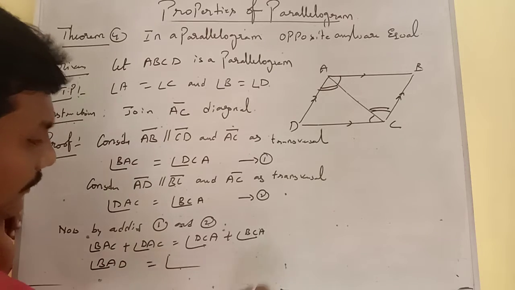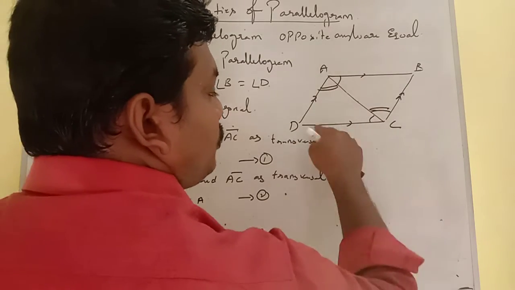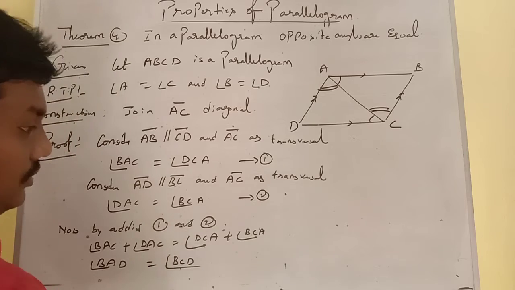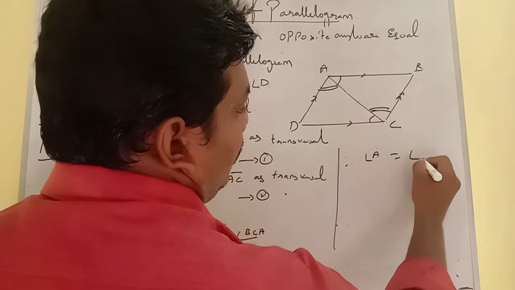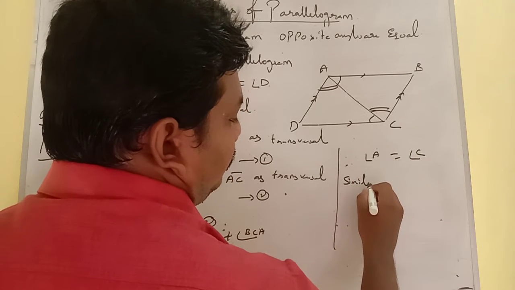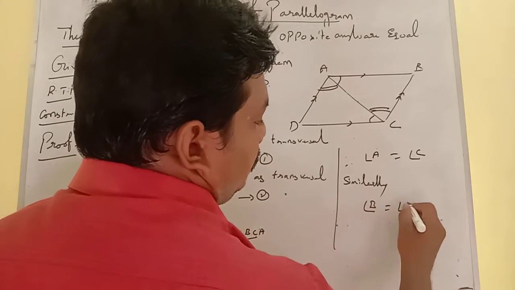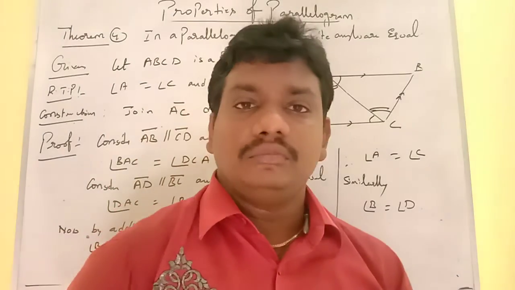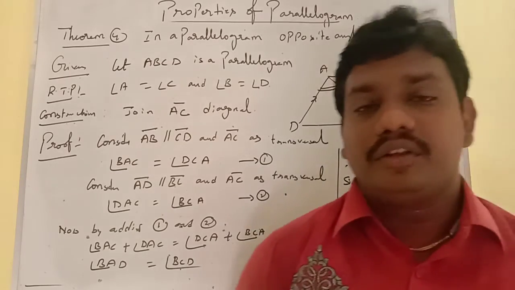On the RHS, DCA and BCA together make angle BCD. Therefore angle A is equal to angle C. Similarly, angle B is equal to angle D. So in a parallelogram, opposite angles are equal.